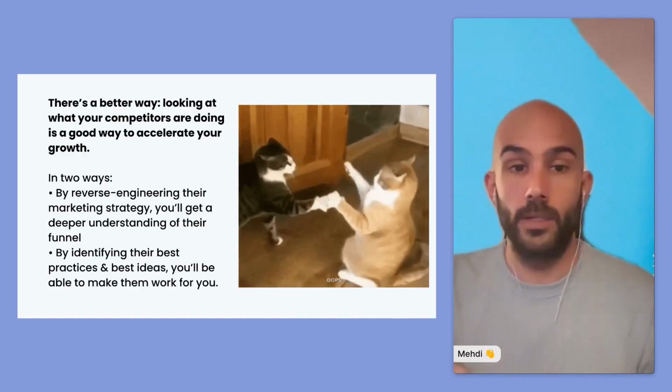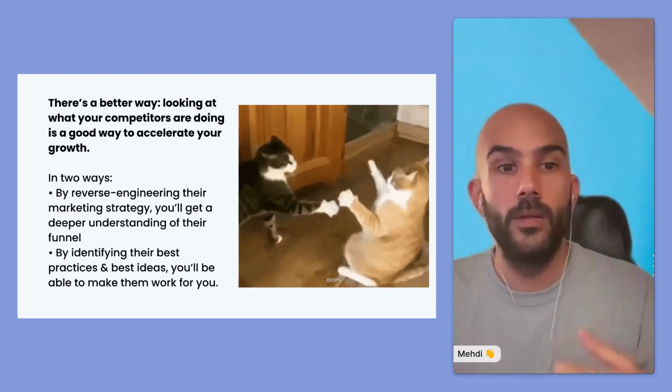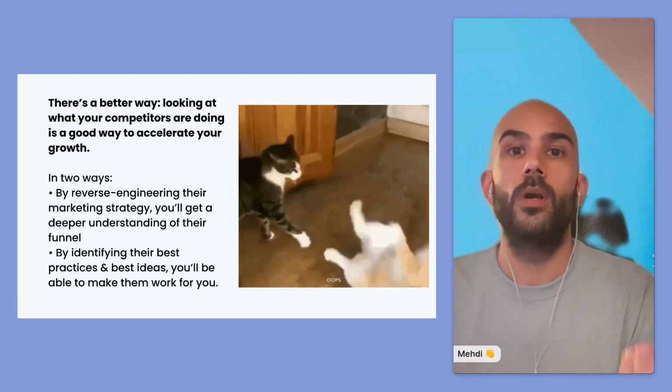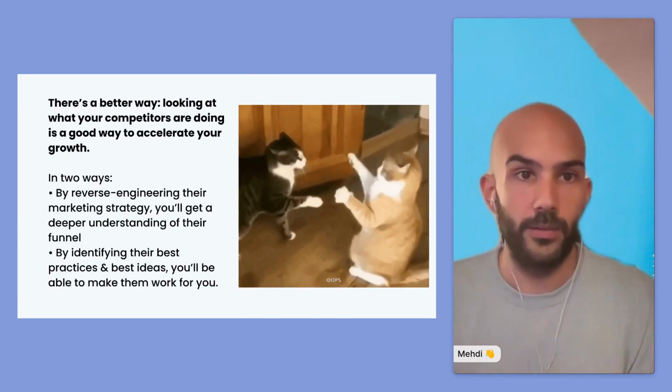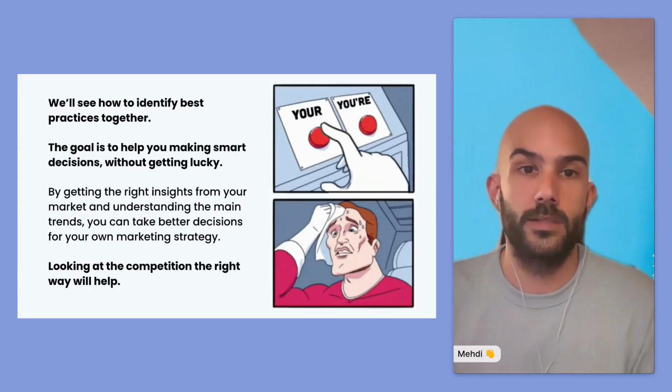By looking at this kind of inspiration and doing the kind of work that we're going to do together today, you'll be able to make their work for you as well and help you find the best inspiration. We'll see how to identify best practices together.